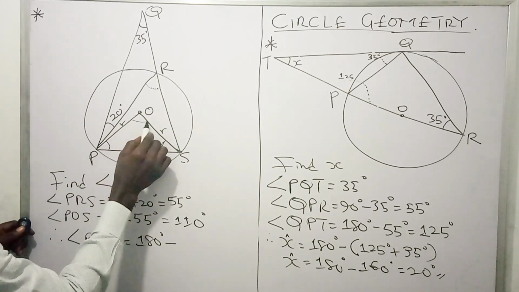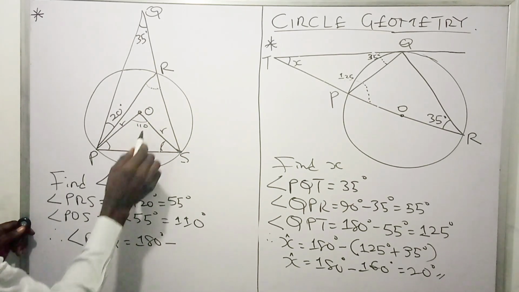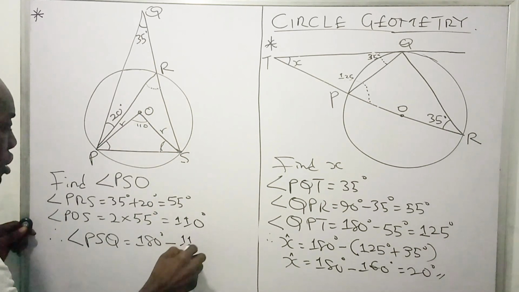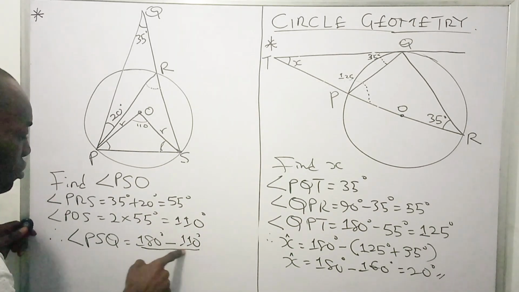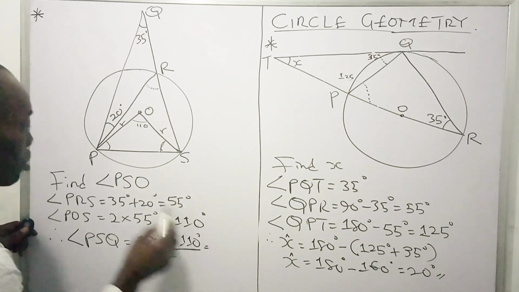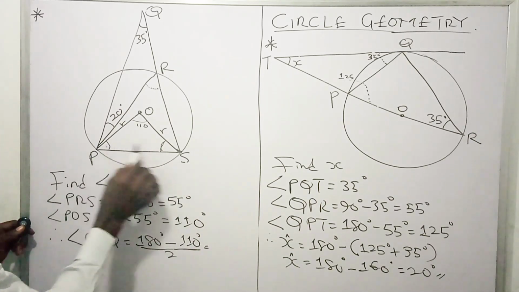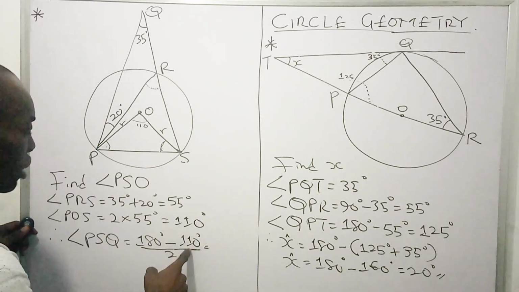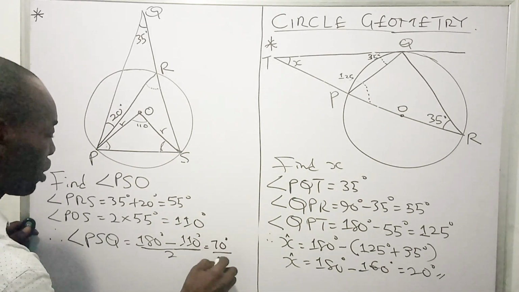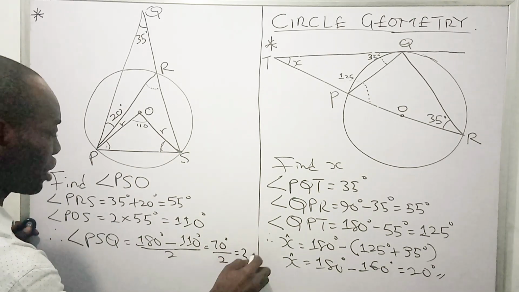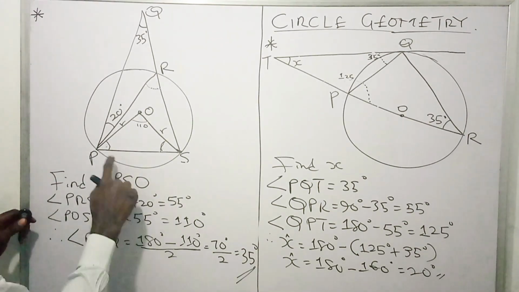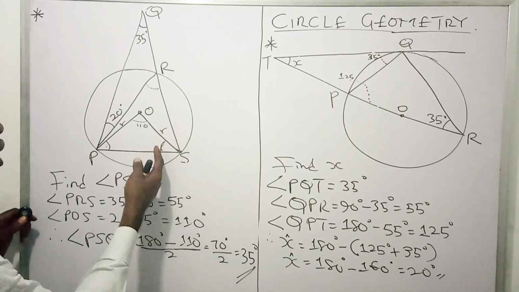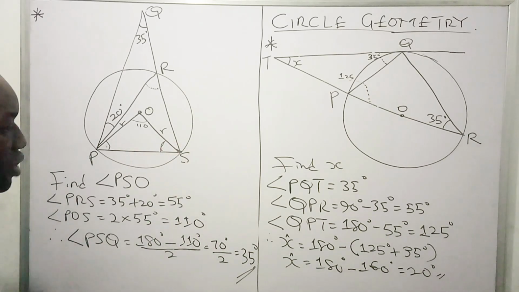So we already have 110 here. Subtract the 110 from 180 and divide the difference by 2, since the base angles of every isosceles triangle are equal. So 180 minus this gives us 70 degrees, divided by 2, and that will give us 35 degrees as the size of angle PSO. That's this angle here. So here is 35 degrees.